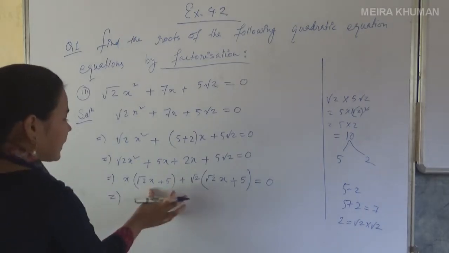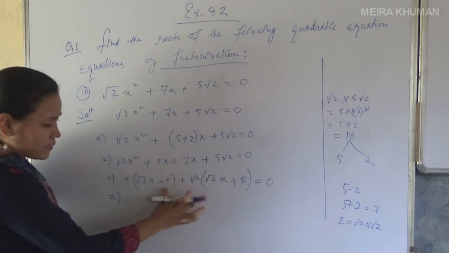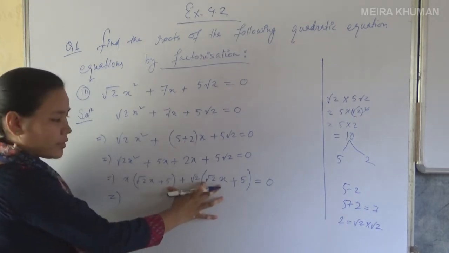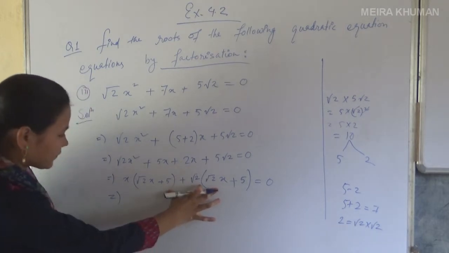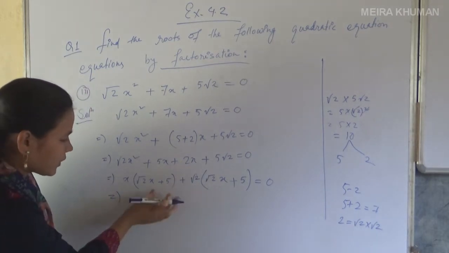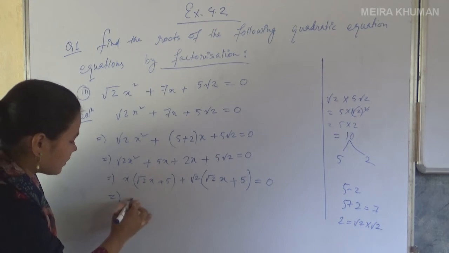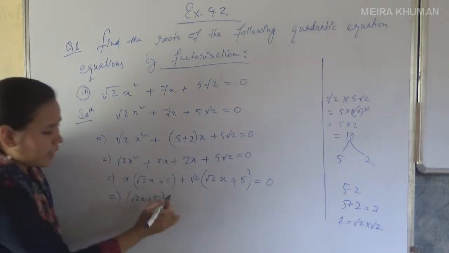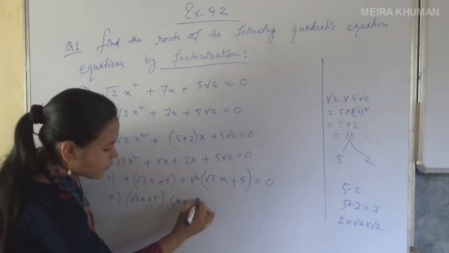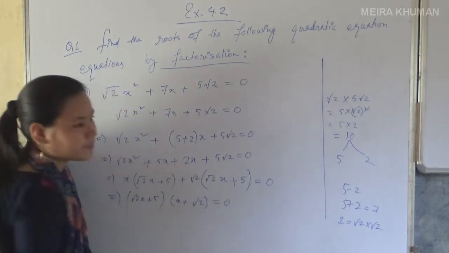Next, see, inside this bracket root 2 x plus 5 is the same. In factorization, the term under the bracket should be the same. So here again you can take root 2 x plus 5 common, then x plus root 2 equal to 0.